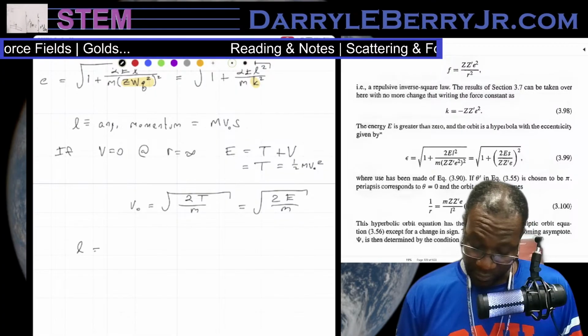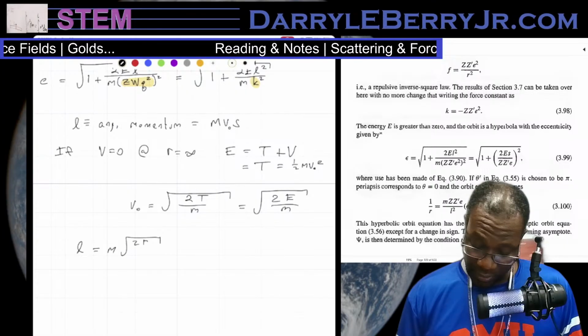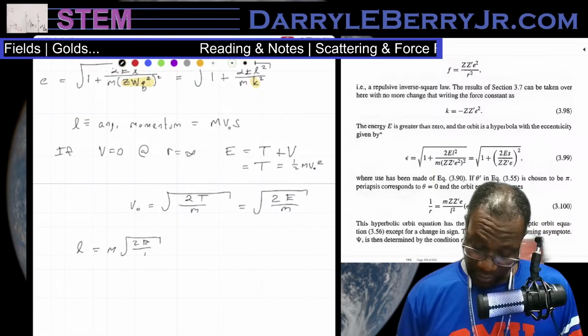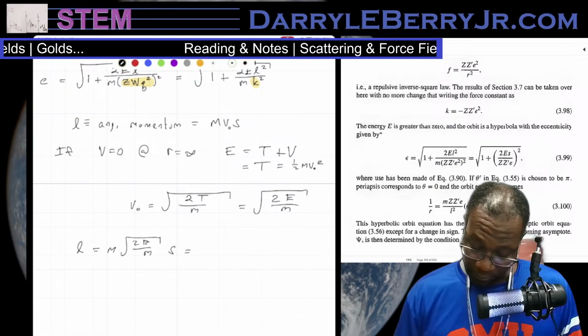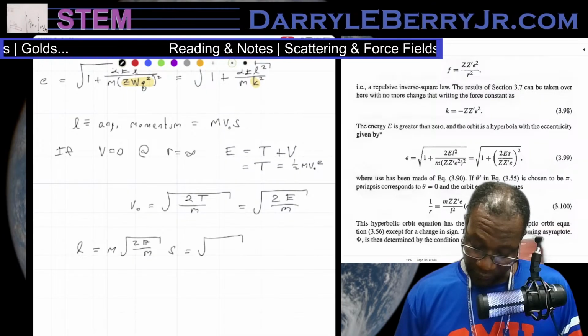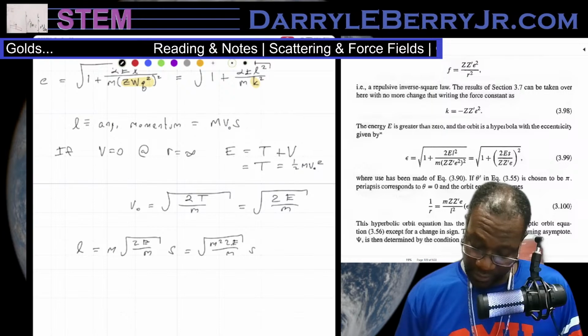That means that L equals m square root of 2E over m, times s, equals square root of m squared 2E over m, times s.